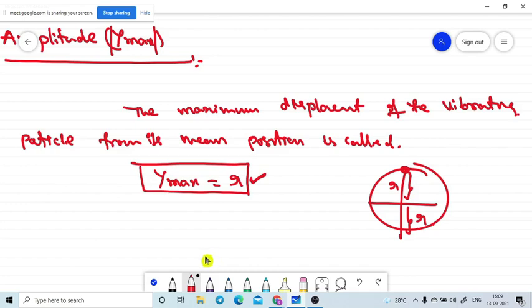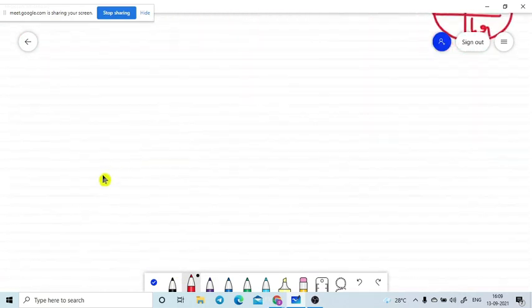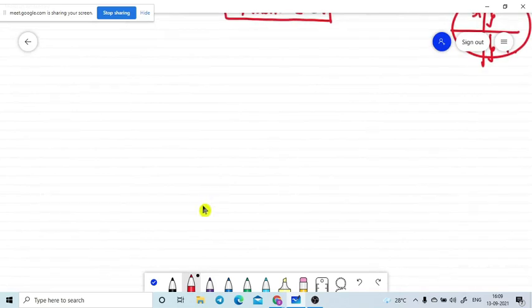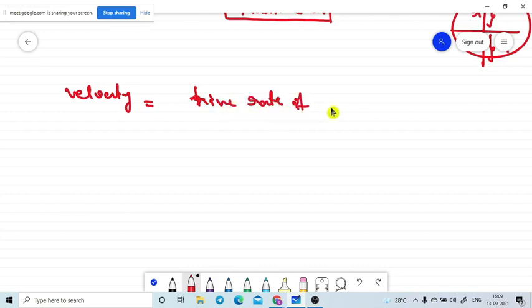Let me move on to the other quantities which you need to understand in simple harmonic motion. In kinematics, if you know the displacement, we can find the velocity. Velocity in kinematics is nothing but the time rate of change in displacement.